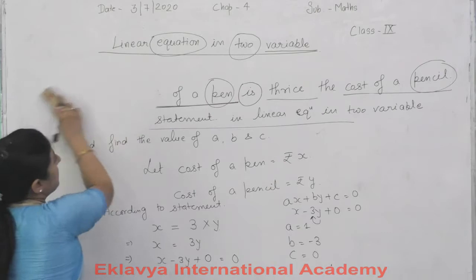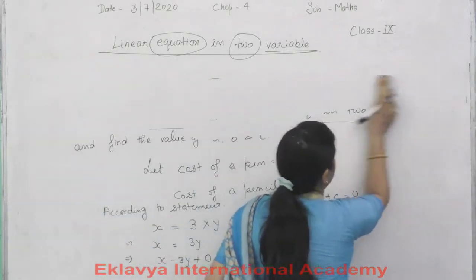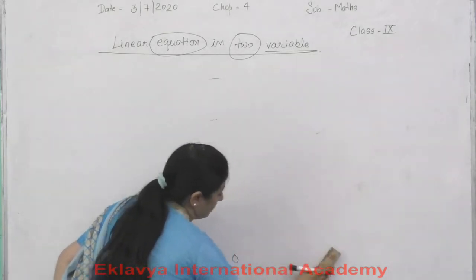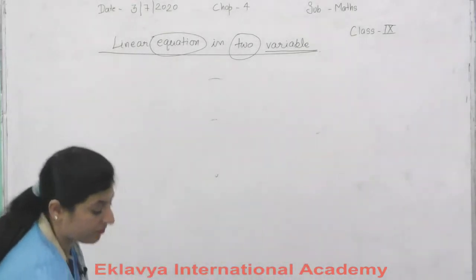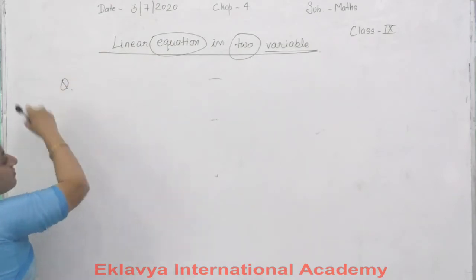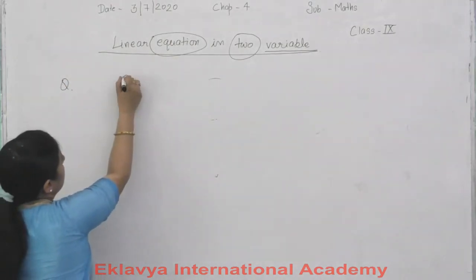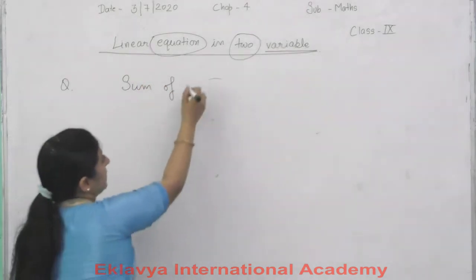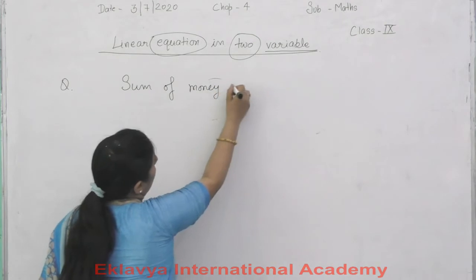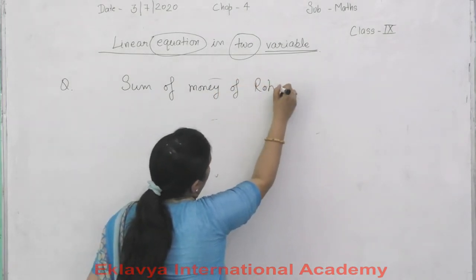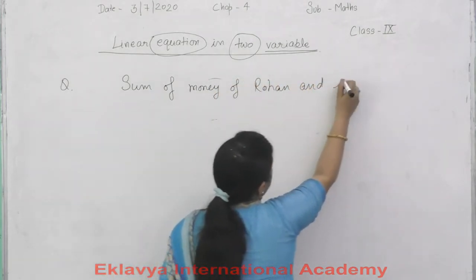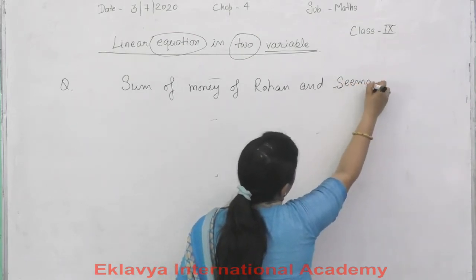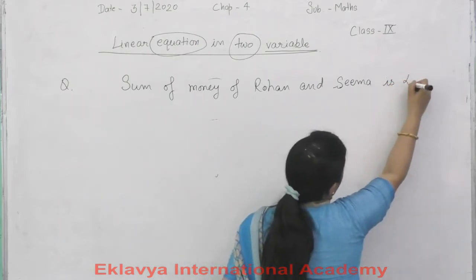Suppose I take another example: the sum of money of Rohan and Seema is rupees 100.